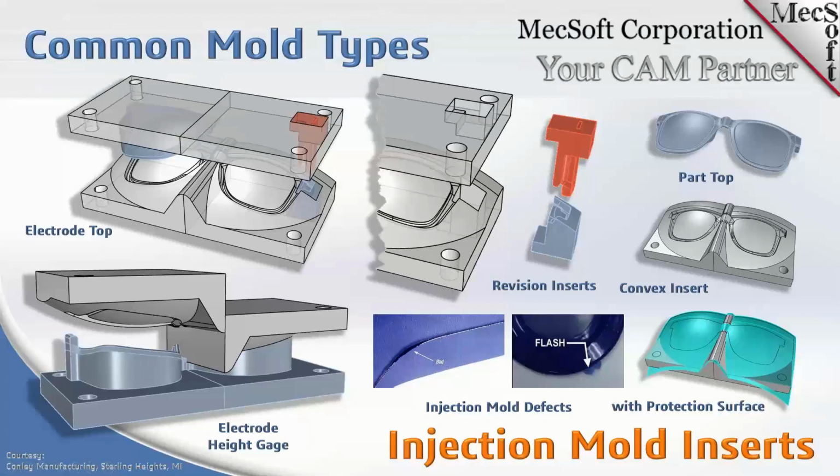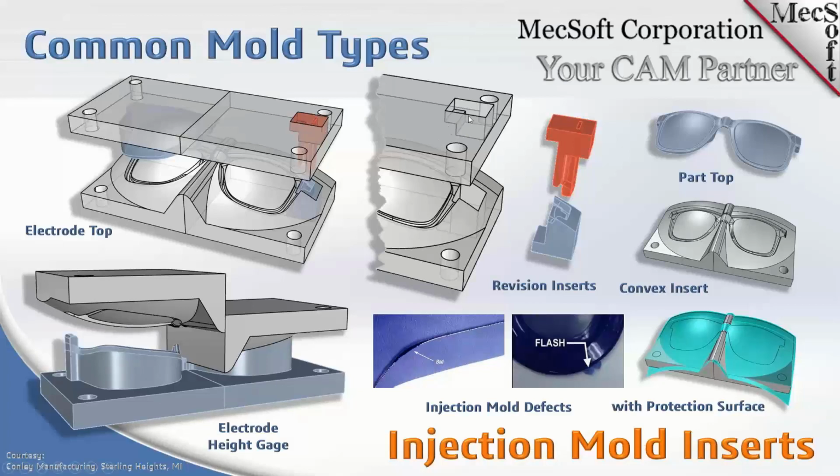Now, the mismatch can occur if your tolerances aren't tight enough, if your setup is not correct, things of that nature. So on the right, we got the flash, which is caused by degrading of the parting line. And on the left, we have mismatch, which can be caused by incorrect setup or incorrect tolerances.